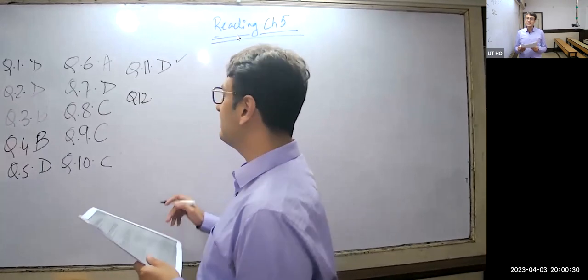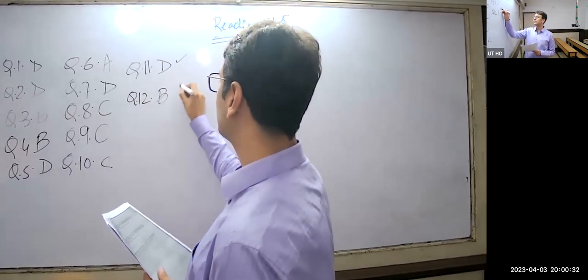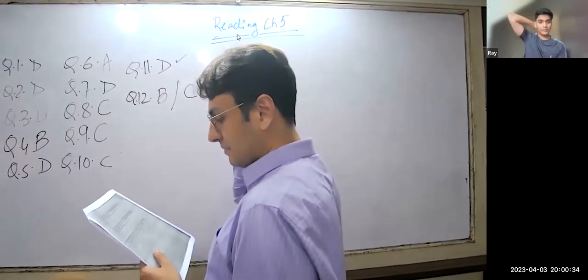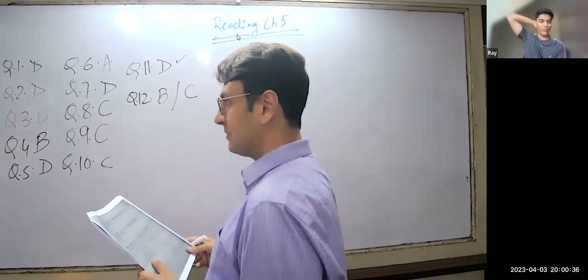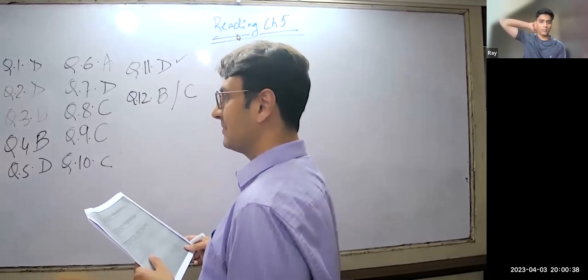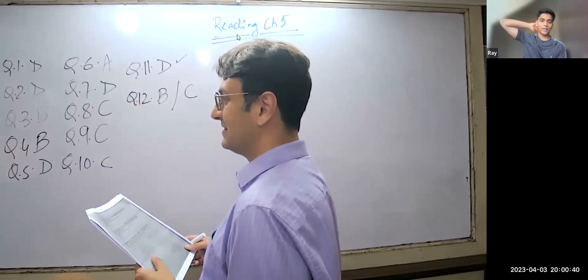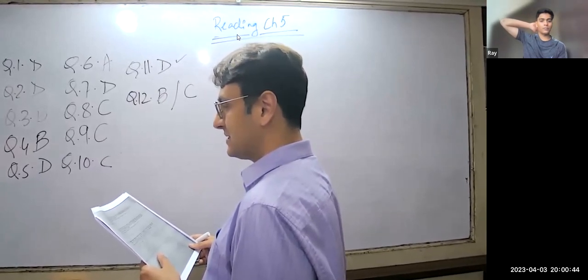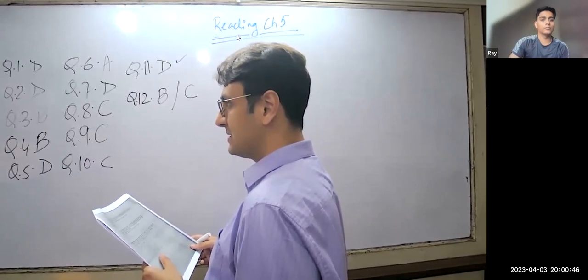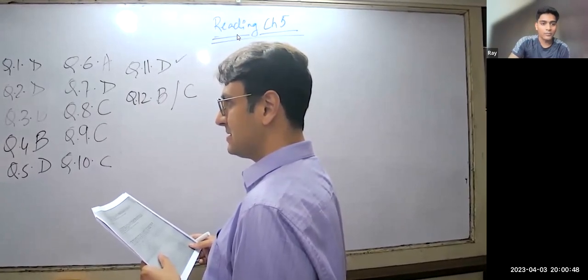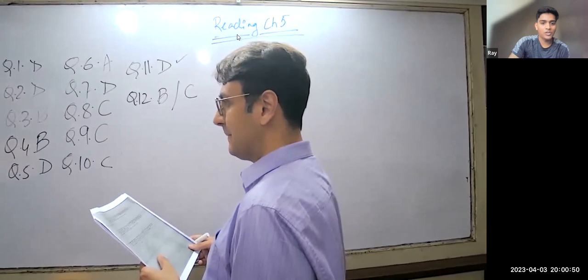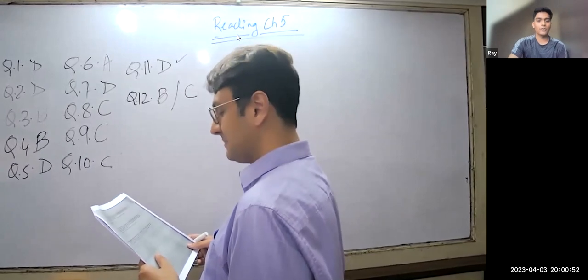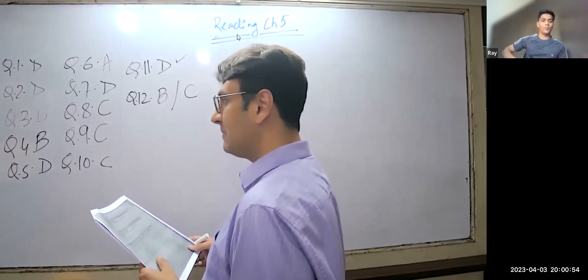So between B and C. C is profound. It says critics focus on art which is challenging. So I cannot... What does profound mean?